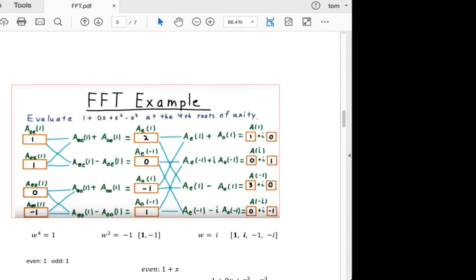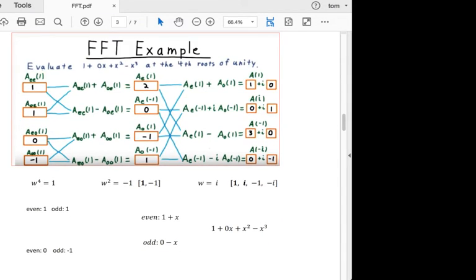Okay, let's go to the example. So here is the polynomial, and I rewrite it here. It's 1 plus 0x. Yeah, here is the polynomial in the problem. And what we did is to split it into the even and odd part.